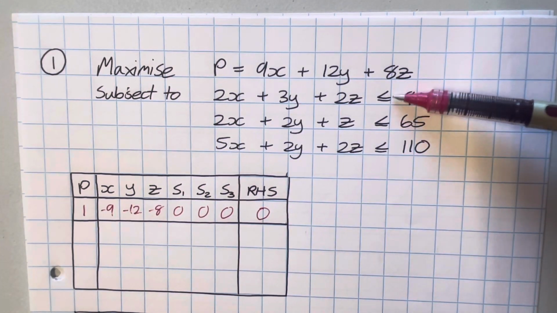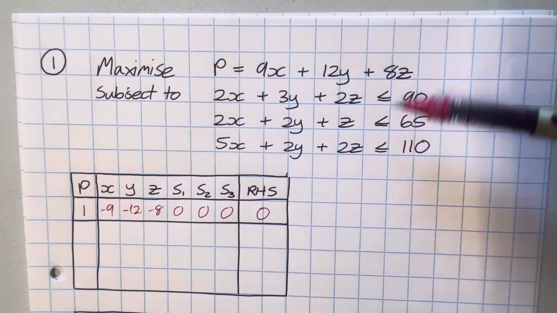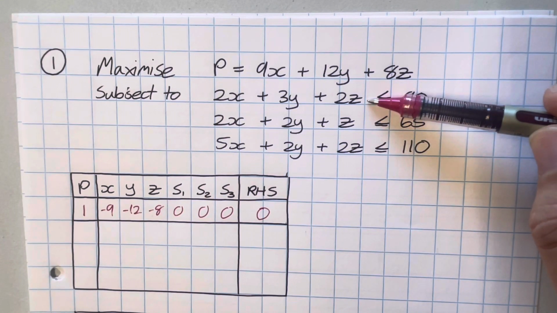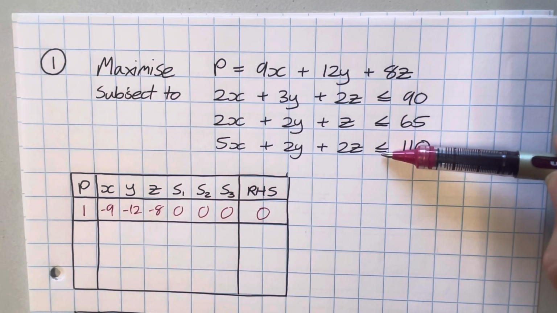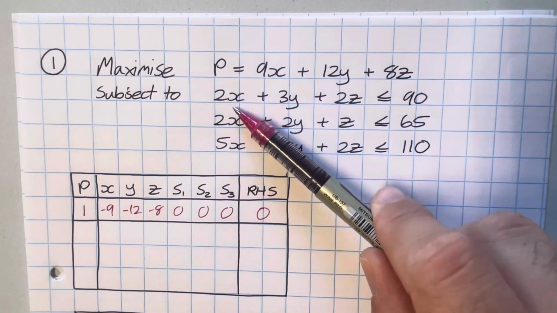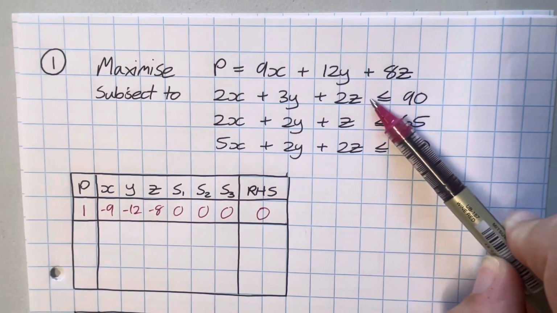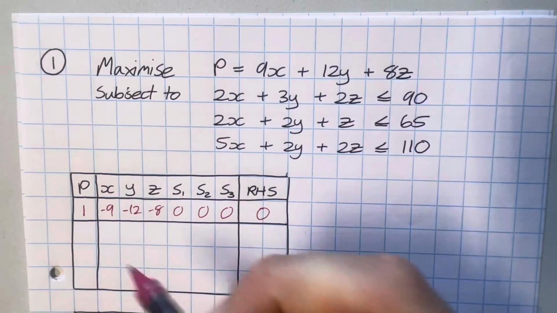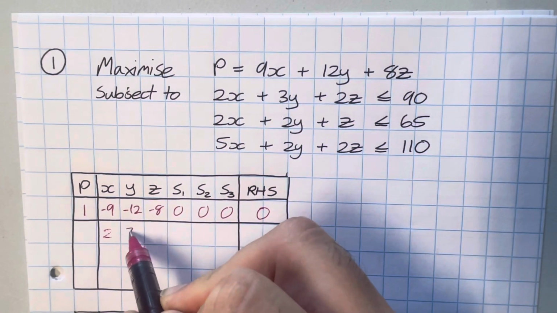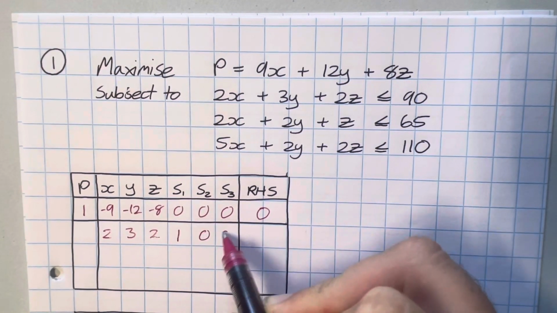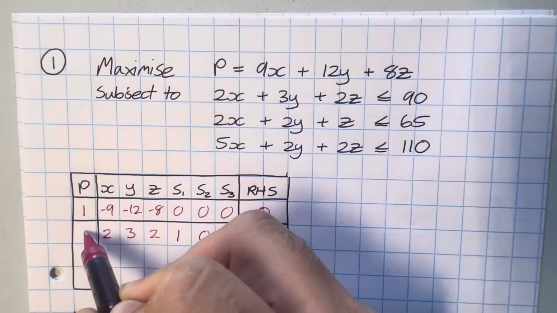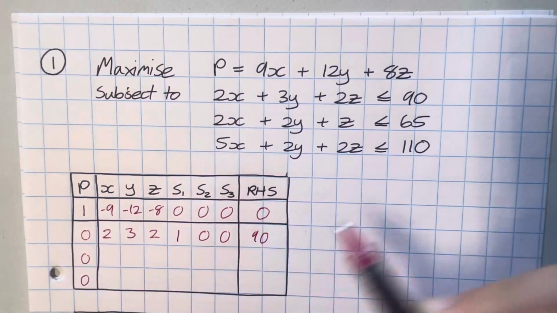Okay, now for these ones, we're going to change them into equations, and to do that, we add a slack variable to each of these, and then that replaces the inequality with an equals sign. So we're going to have 2x plus 3y plus 2z plus a slack equals 90. And there's obviously no p anywhere else.